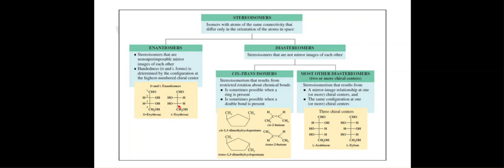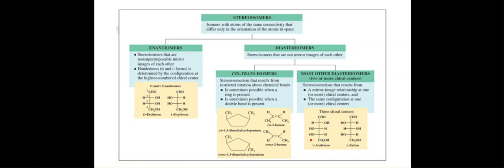And here's an example down here. Diastereomers are stereoisomers that are not mirror images of each other, and our cis-trans isomers fall in this category. And you can also have stereoisomerism that results from a mirror image relationship at one or more chiral centers and have the same configuration at one of the chiral centers.